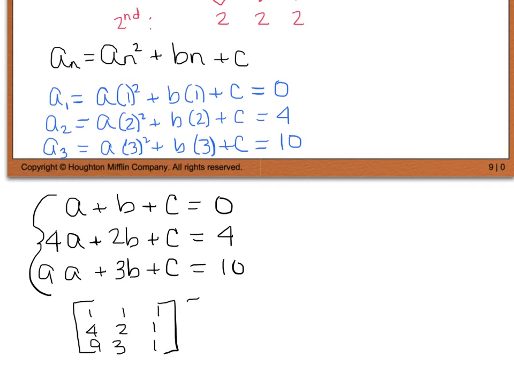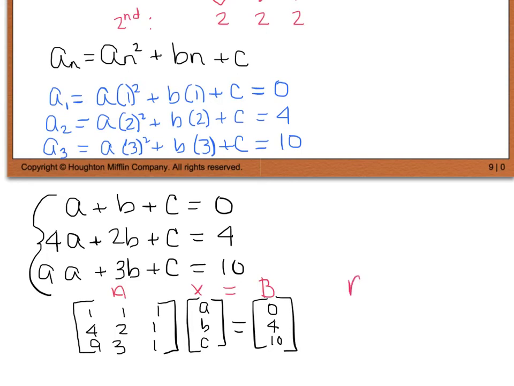I'm going to multiply that by a, b, c, and I'll get my constants of 0, 4, and 10. And if you remember, this is AX equals B. So to solve for a, b, and c, I need to go A inverse times B will equal X.